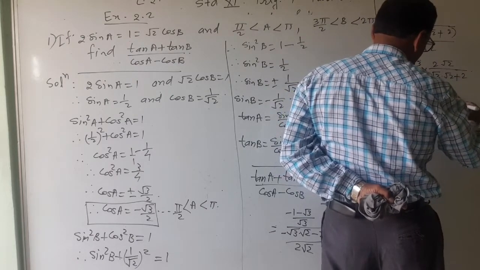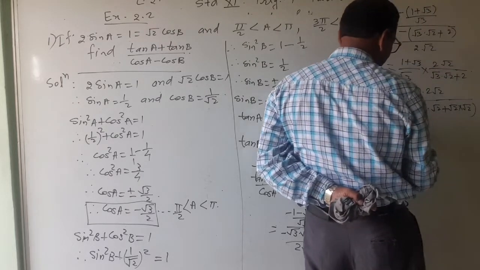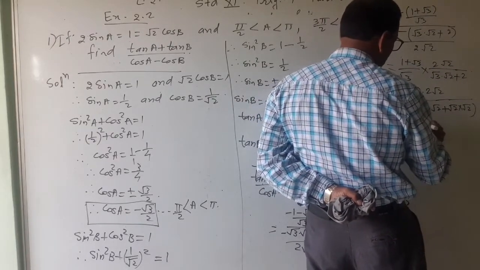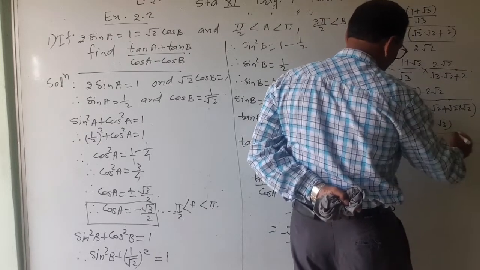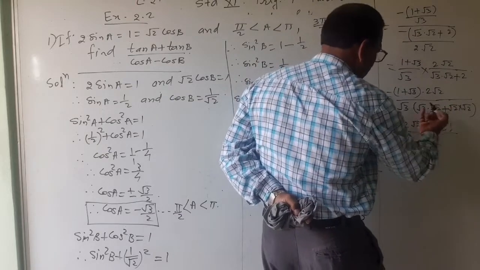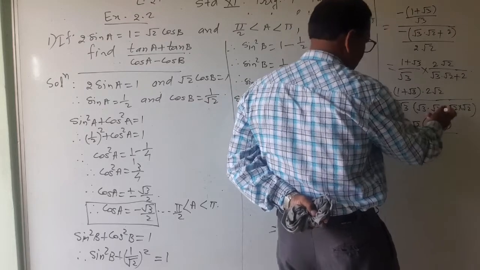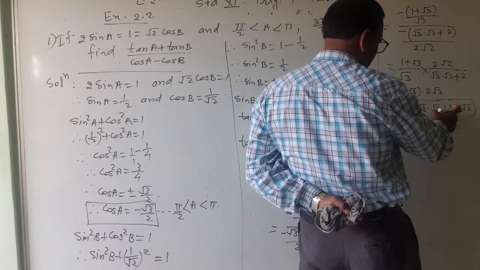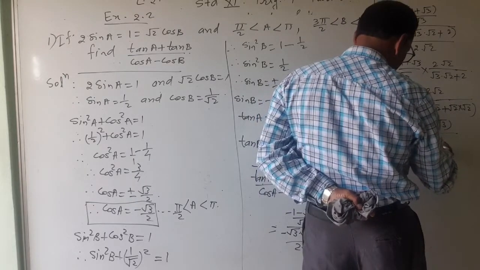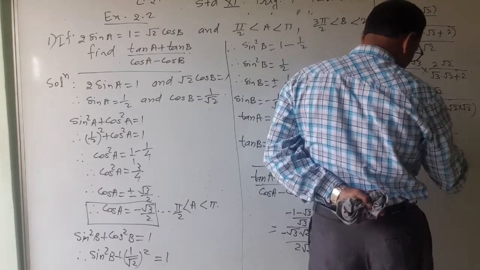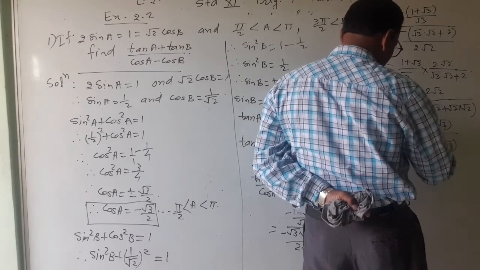I can reduce this: I write the 2 as root 2 into root 2 and take root 2 common. So 2 root 2 into 1 plus root 3 upon root 2 into root 3 plus root 2. See, root 2 is taken common, so root 3 is remaining and 1 root 2 is remaining, and this root 2 gets cancelled.